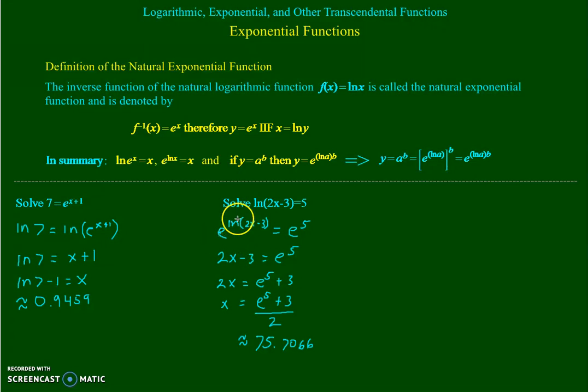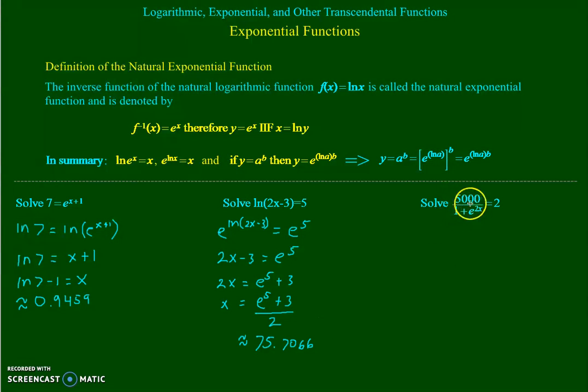And so the e and ln cancel each other out, so to speak. And on the right side, we just have e to the 5. Then we add the 3 to both sides and divide by 2. And x equals e to the 5th plus 3 divided by 2, which is approximately 75.7066.